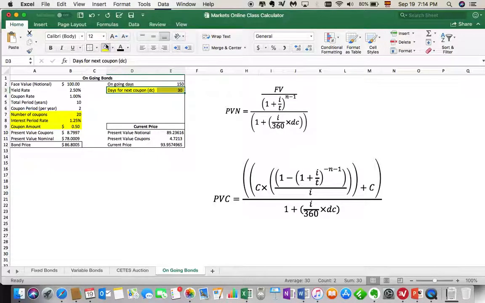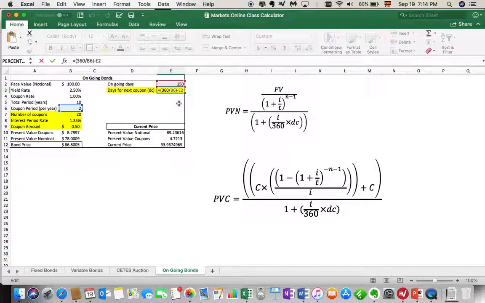Therefore, your days for the next coupon is just the difference between 180 and 150. How did I calculate this? I just use 360, which is the year, over 2, which is the coupons per year. That gives me 180 minus 150. Those are the days I have for the next coupon payment, okay?